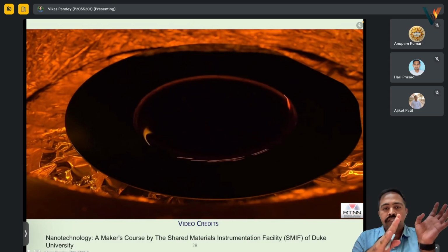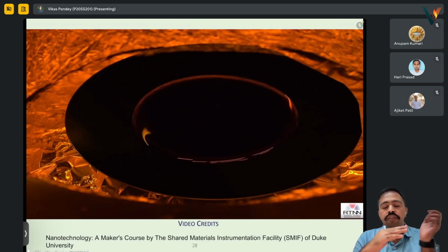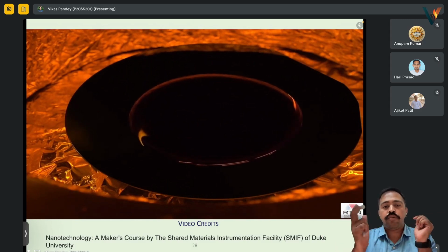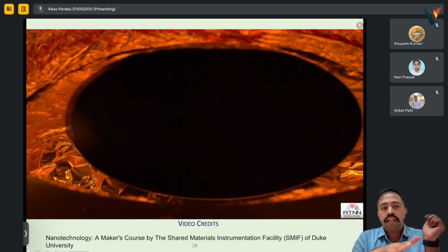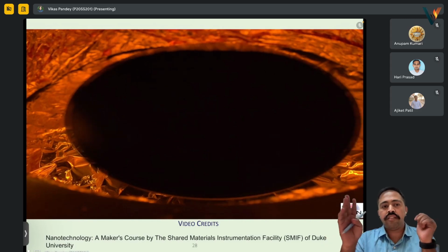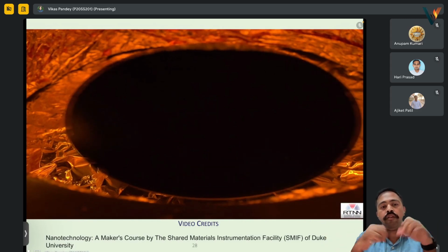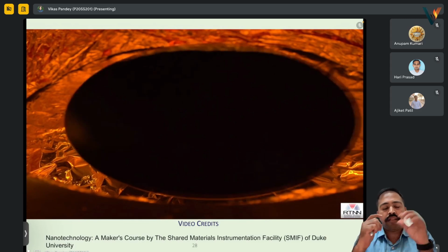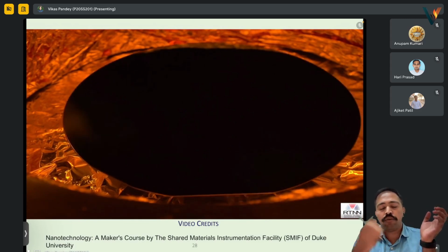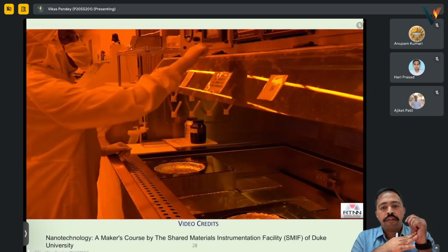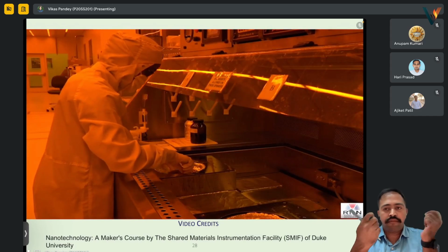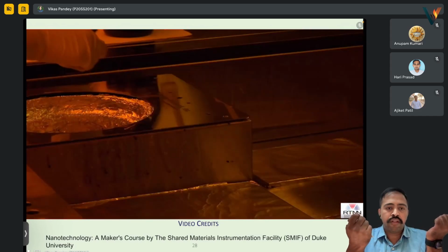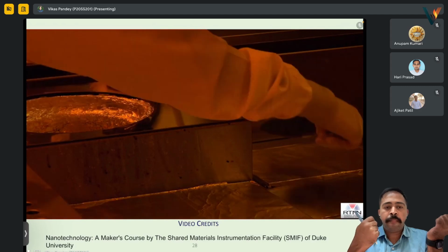This is adequate enough to cover the whole area, and then it is rotated. Once rotated, you will see a thin layer remains and everything else is thrown out. It is rotated for some time. Once done, the vacuum chuck is switched off, the wafer is taken out, and then it is baked.